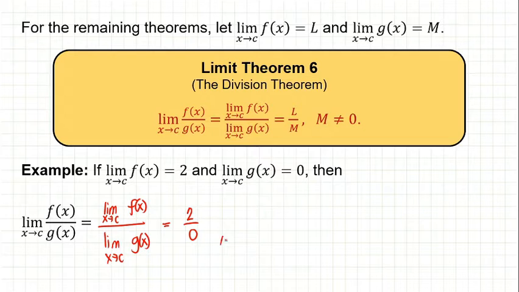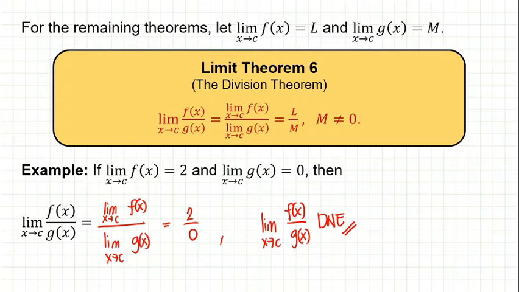Therefore, we conclude that the limit of f of x over g of x as x approaches c does not exist. So in this case, if the denominator is 0 and the numerator is not 0, then the limit does not exist. Okay, so that's it.